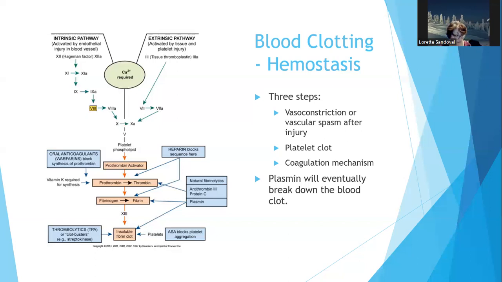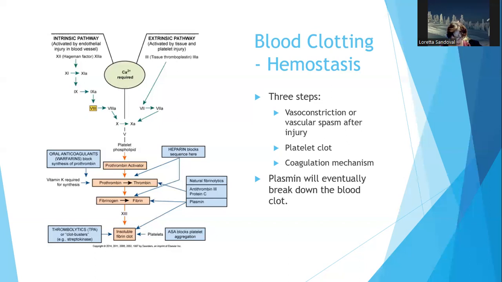And then vitamin K is involved in the synthesis of clotting factors, so it's important, and calcium ions are involved as well. After that, once you've sealed the site and prevented blood loss, you have to get rid of those clots.